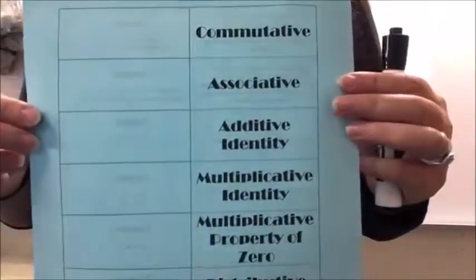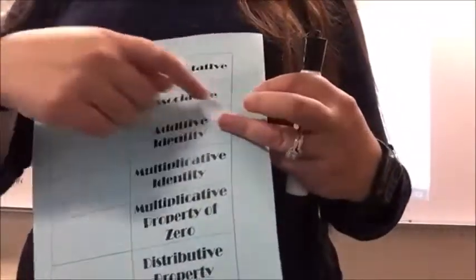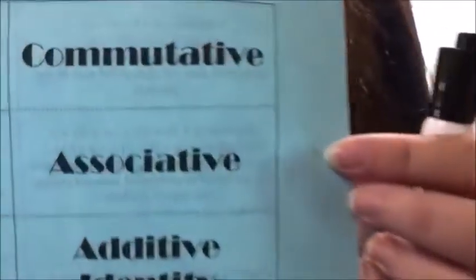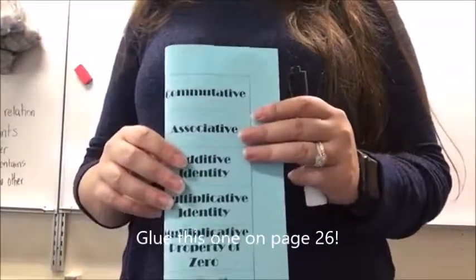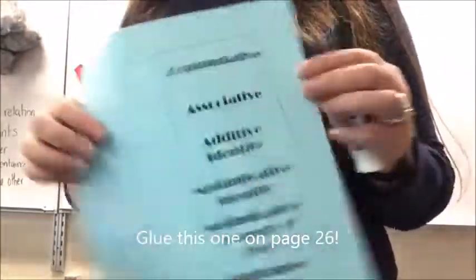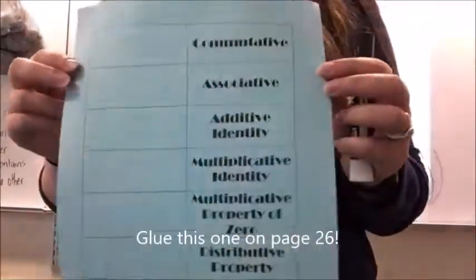When you're done with that, you're going to fold it in half and unfold it, and you're going to cut along these dotted lines here, these small dashed lines. Okay? And then you'll glue it on page 26 in your ISN. And I'll show you what a finished one looks like.